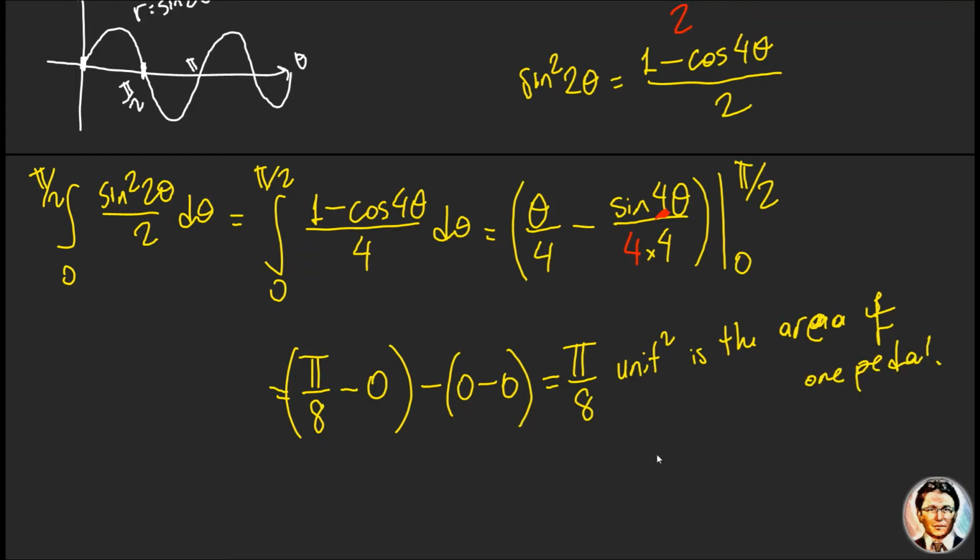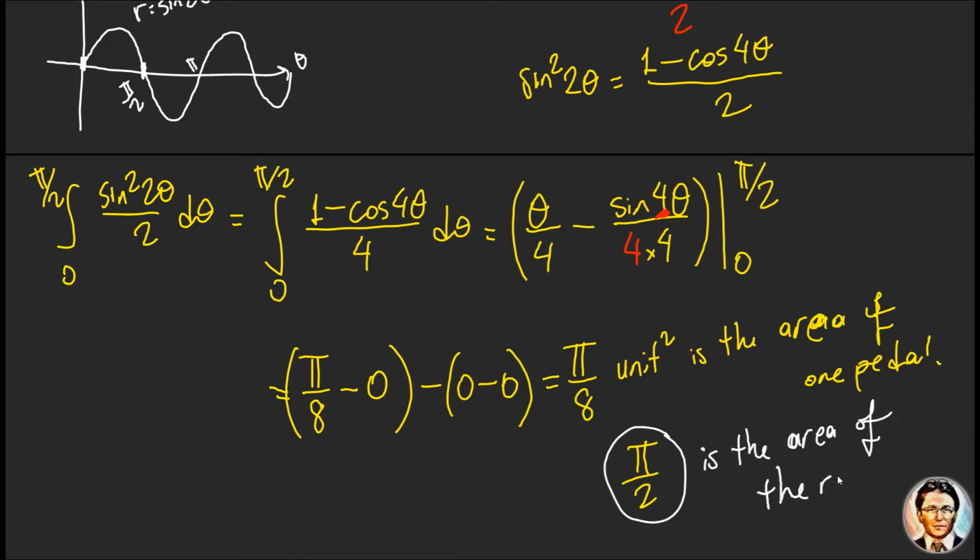So just multiply by 4, you will get π/2 is the area of the rose. If we have more petals, then it will be similar, but if it is sine or cosine, you may need to change the bounds for θ.